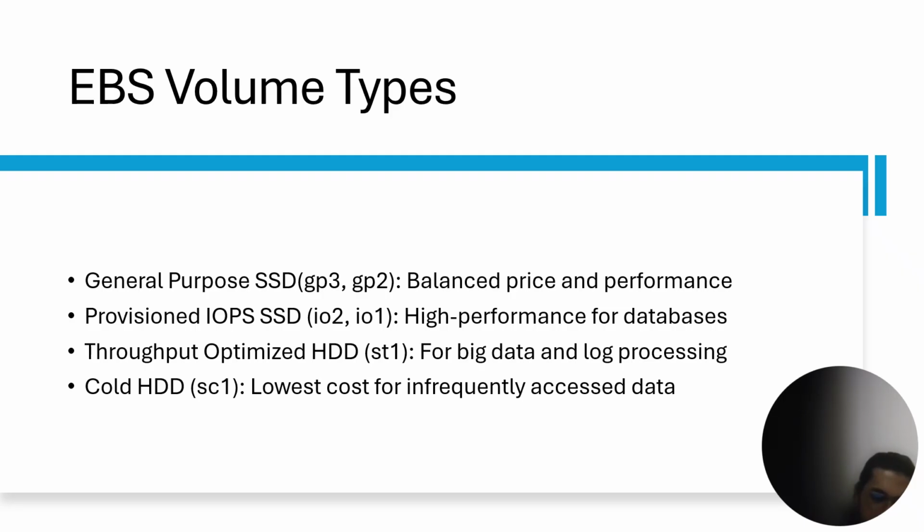Okay, AWS offers multiple EBS volume types depending on your needs and desires. Generally, general purpose SSDs, which are also known as GP2 and GP3, offer a great balance between cost and performance for most workloads. Provisioned IOPS SSDs like IO1 and IO2 are designed for high performance databases where speed and consistency matter the most.